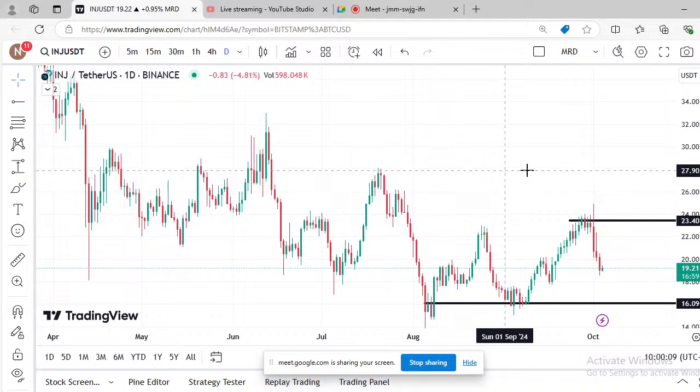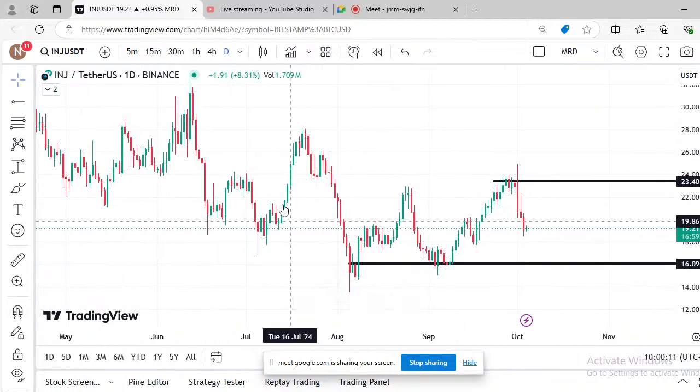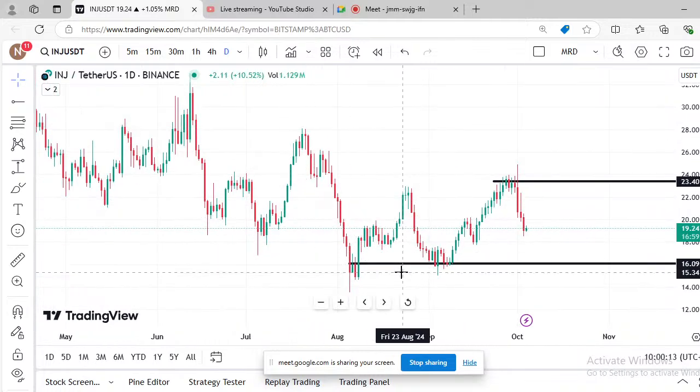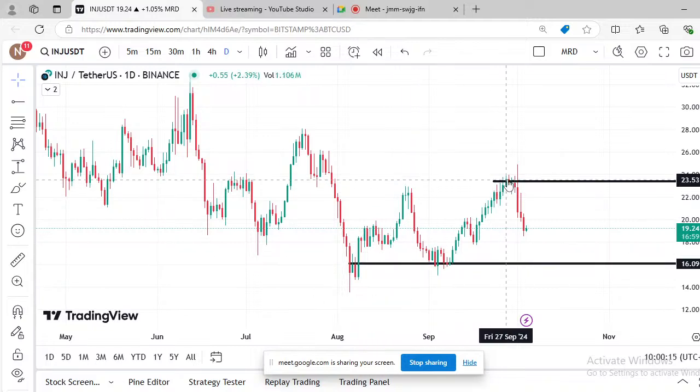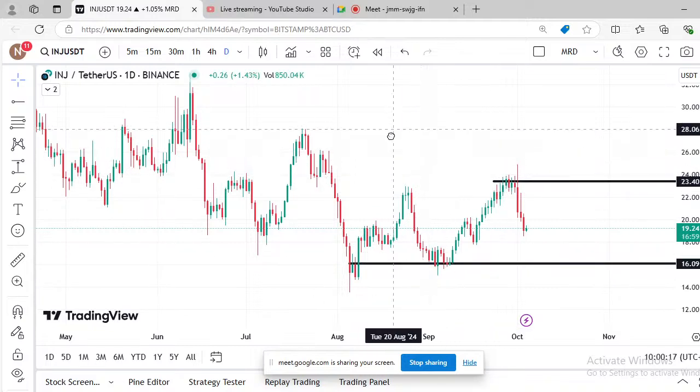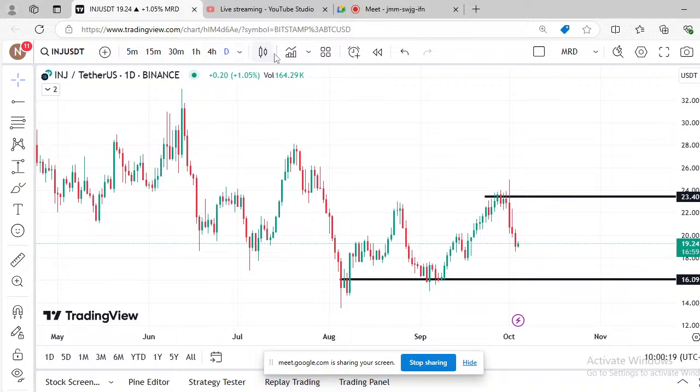So these lines are from 1 week. The lowest point of the week and the highest point on the 1 week time frame. So now here we are on 1 day time frame, meaning each candle you are seeing here on the chart is representing 1 day.